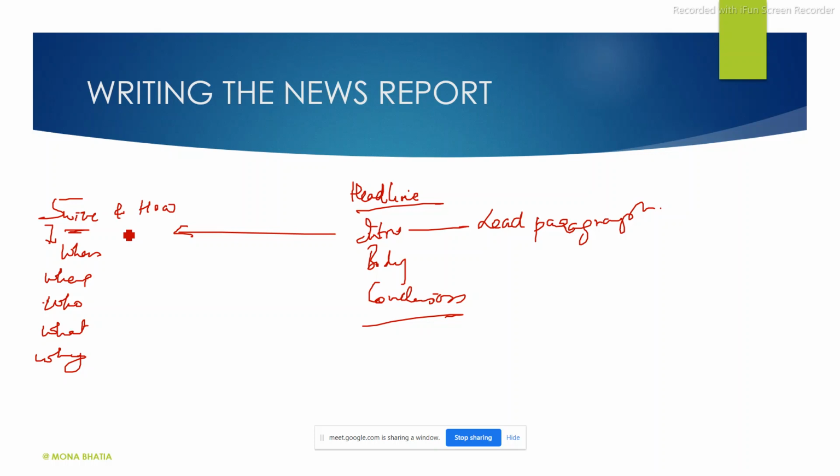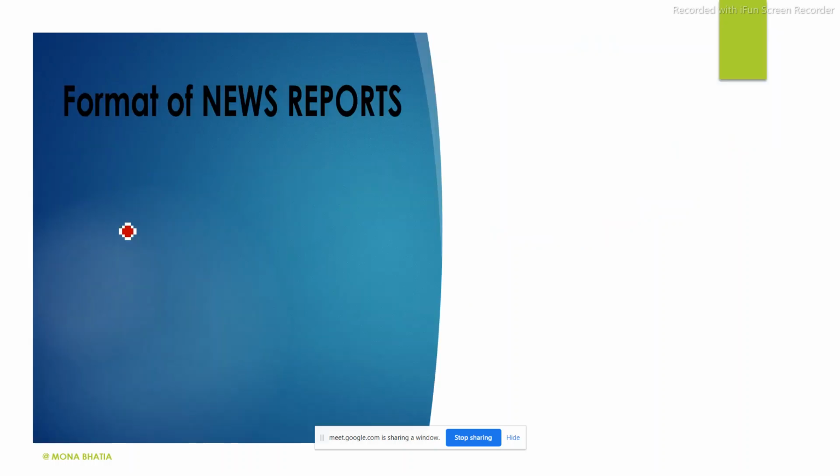So there are different types of intro. When we talk about the intro part, there are different types of intro. One is summary intro. So summary intro basically gives you the full summary of the whole news. So by reading the summary introduction, you may not be interested in going further if you understood the whole piece.